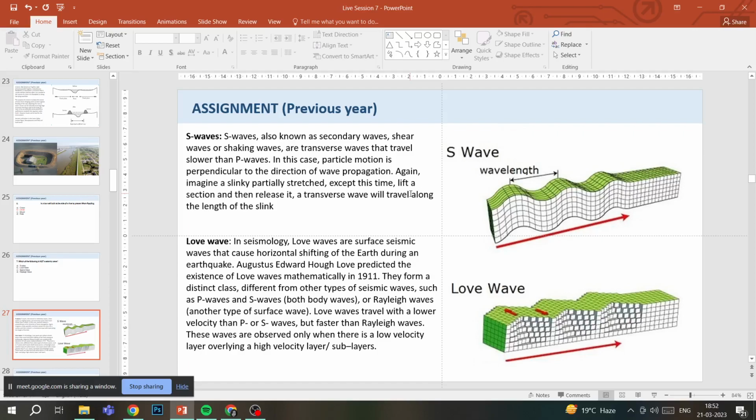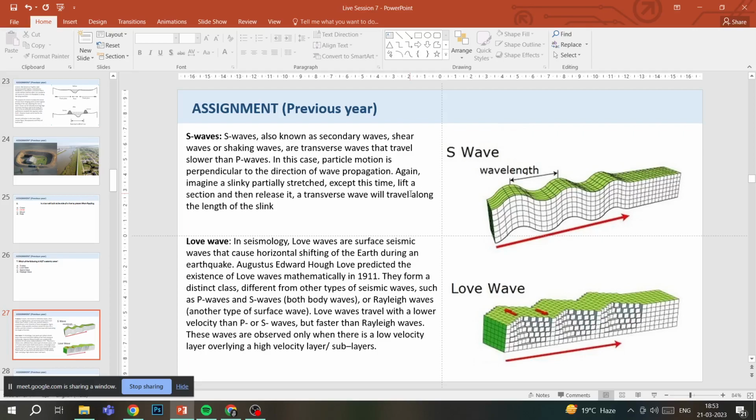Love wave. Seismology is basically the study of earthquakes or other related seismic activities. Love waves are surface seismic waves. For better understanding, there are two types of waves in seismology, which are body waves and surface waves.